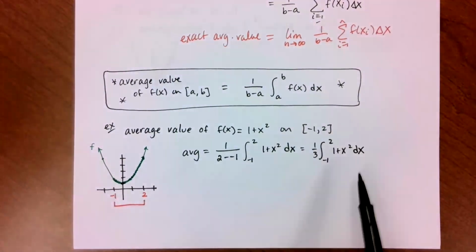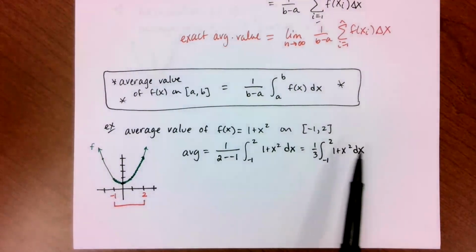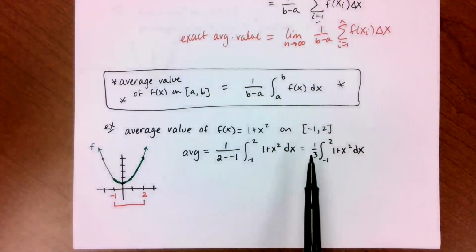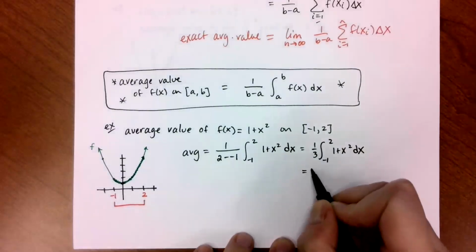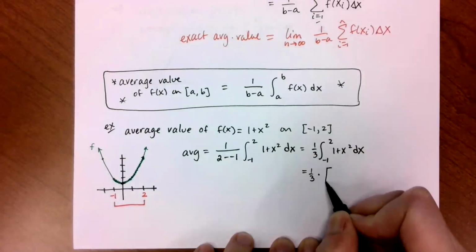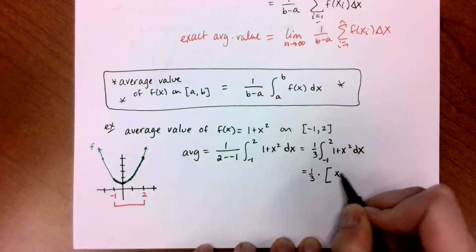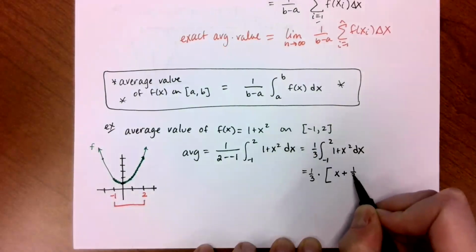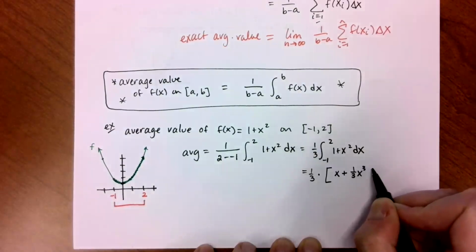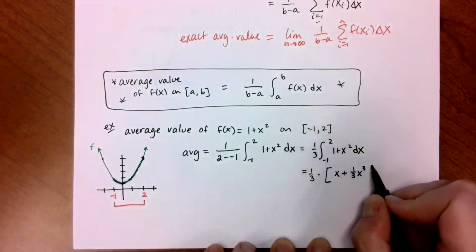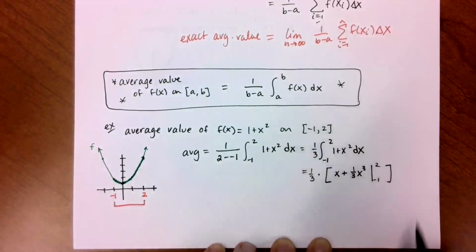To compute this definite integral, I'll do antiderivative, plug, plug, subtract, and then I just have the 1/3 to apply at some point. 1's antiderivative is x, x squared's antiderivative is 1/3 x cubed, and I'm evaluating from -1 to 2.